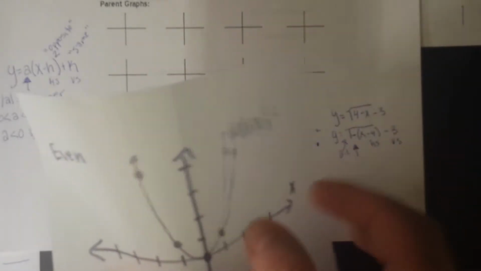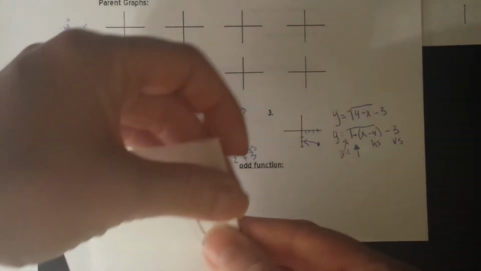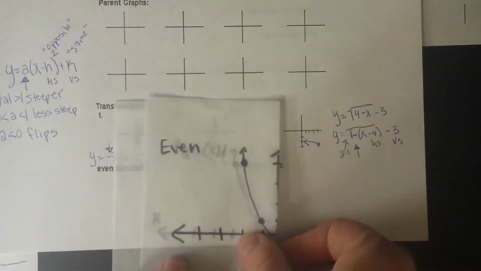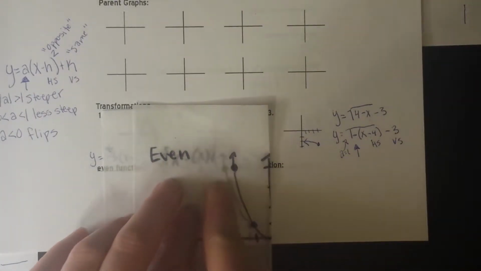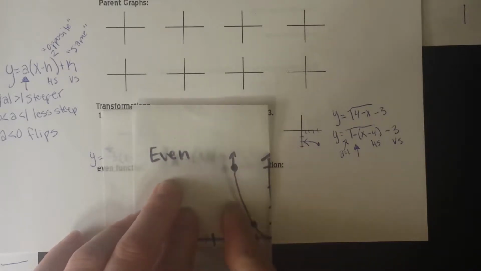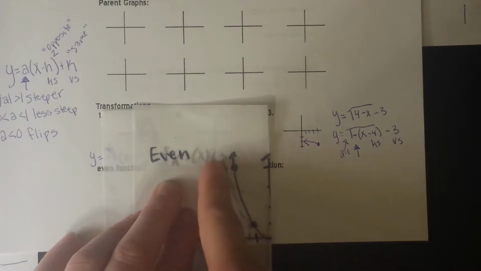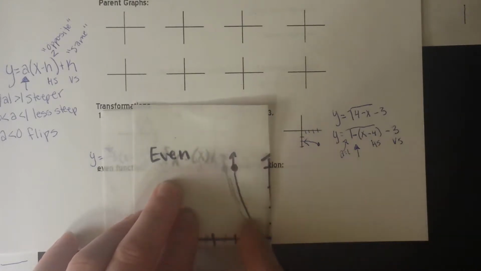If we fold it along the y-axis, other than my by hand drawing, you can see it should connect with itself. You can see both of those end up in pretty much the same spot. It's just drawn by hand, so there's a little bit of error. But an even function is symmetric about the y-axis.